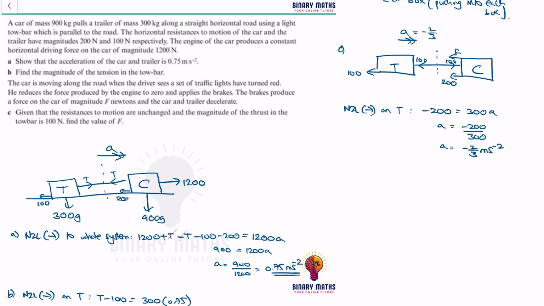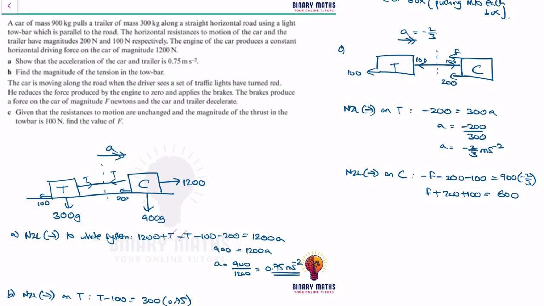So we need to find the value of F. So Newton's second law applied horizontally on the car. Then we get negative F, take away 200, take away 100, which is all the forces acting to the left, must be equal to mass, which is 900, times negative 2 over 3. They're all negative, so we can change it all to positive. So F plus 200 plus 100 must be equal to 900 divided by 3 is 300, so it's 600.